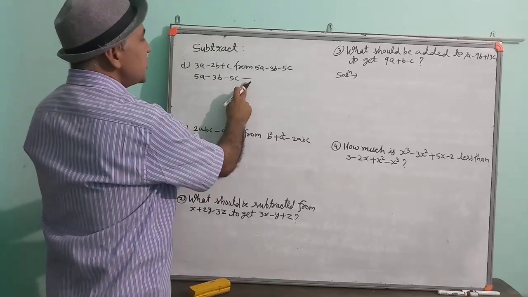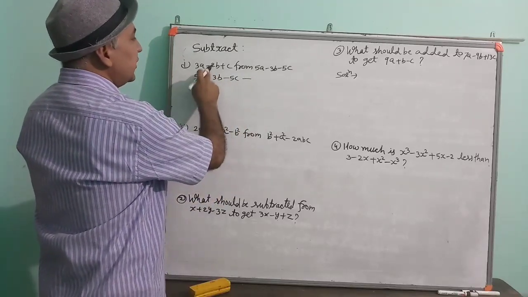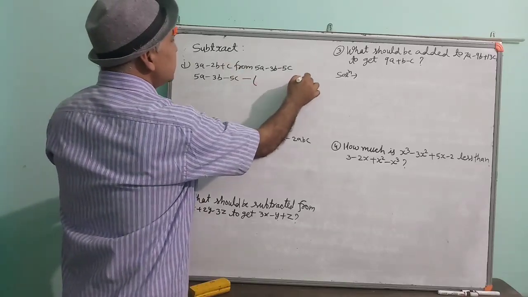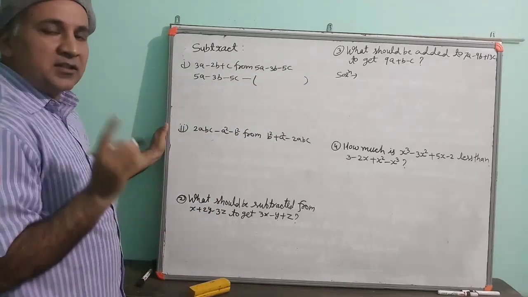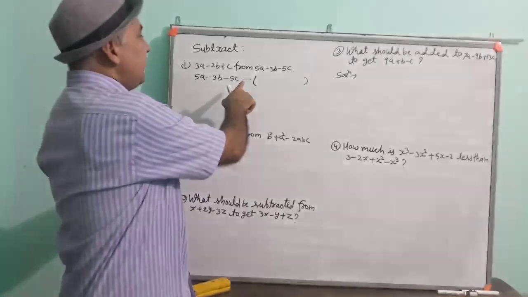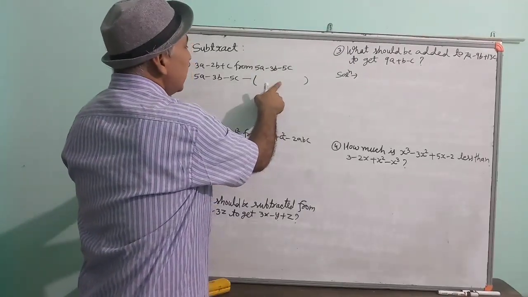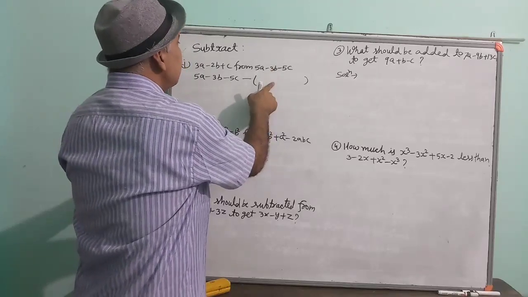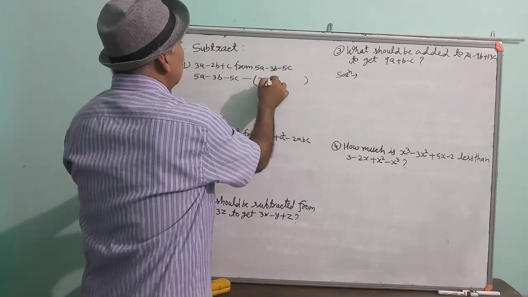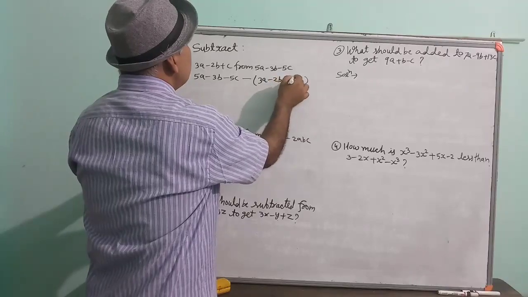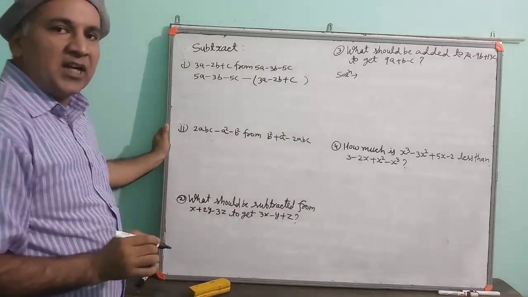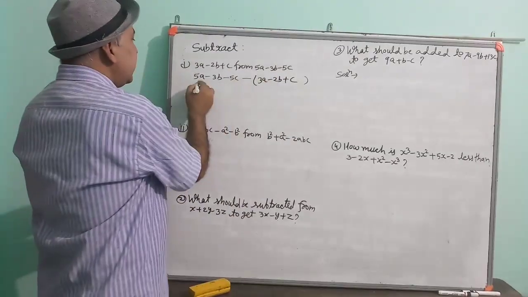When you are going to subtract an algebraic expression, write that expression in a bracket. This is a necessary point. 3a minus 2b plus c. Understood? Now open the bracket.